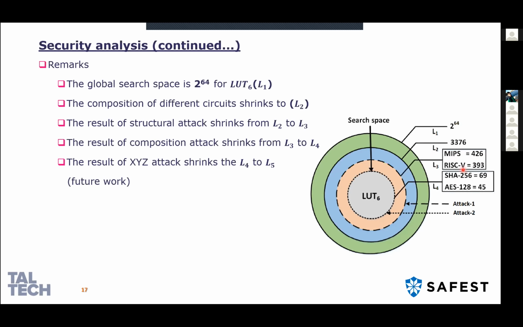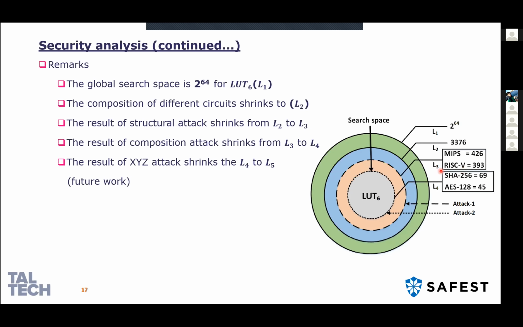If we go deeper, we perform the compositional attack, and the adversary learns from the structure of the design that is obfuscated. This reduces the search space, meaning that once he gets the design, it will decrease the search space from level 3 to level 4.